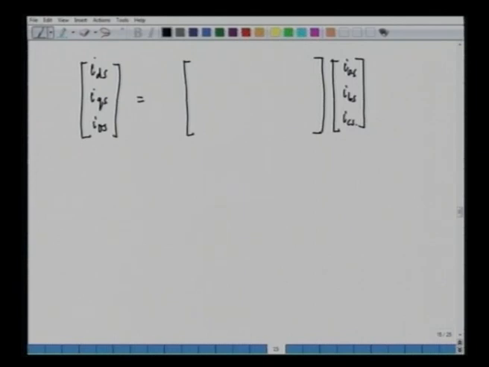And what is this matrix? We have seen this is 1, minus half, 0, root 3 by 2, minus root 3 by 2, and here it was 1/3, 1/3 and 1/3. So, we will just multiply here a factor of 2 by 3, and here we will have half, half and half. So, this is the transformation matrix, that is CS.